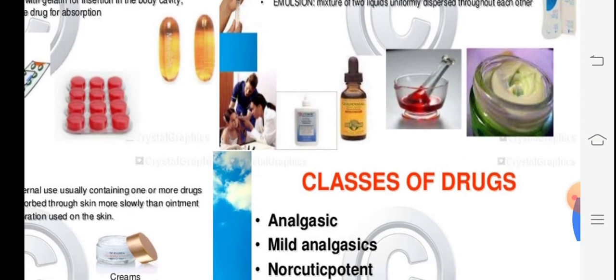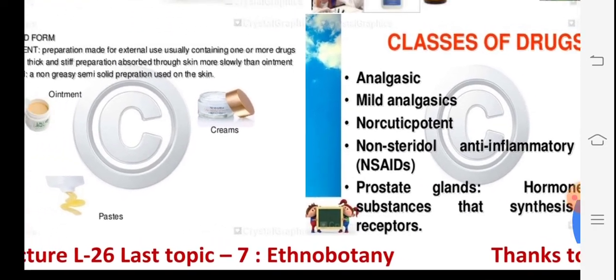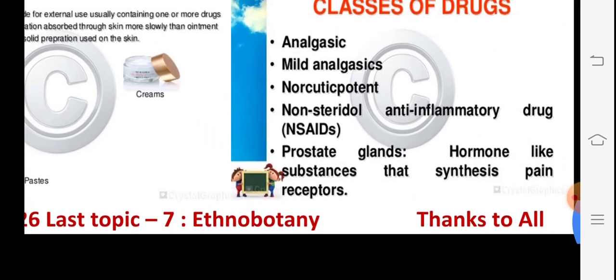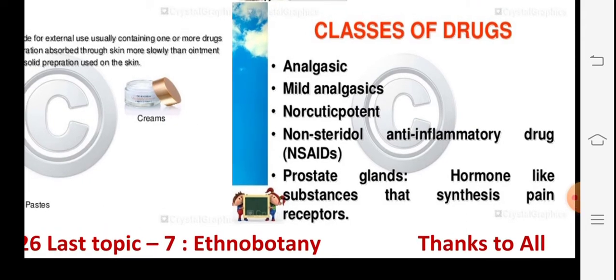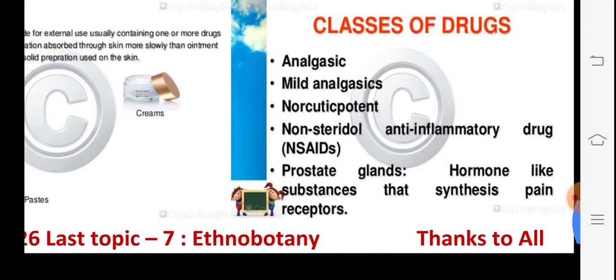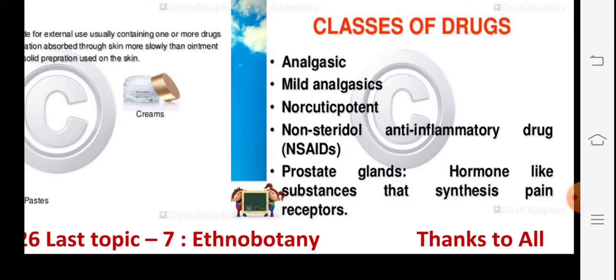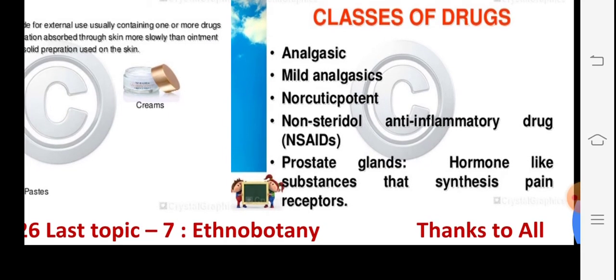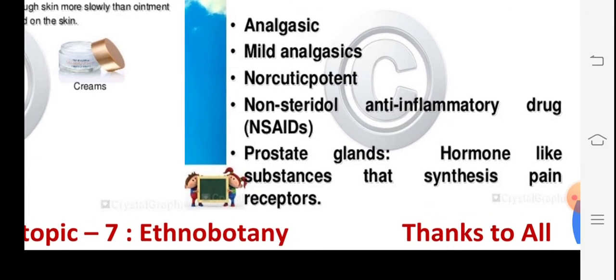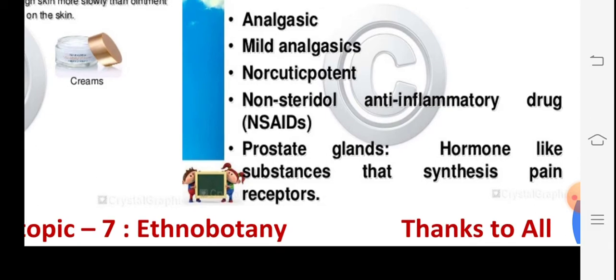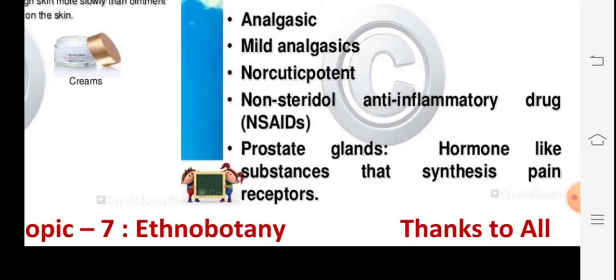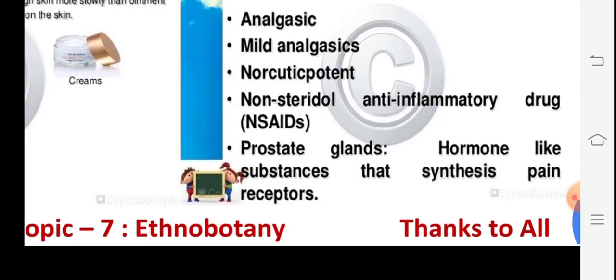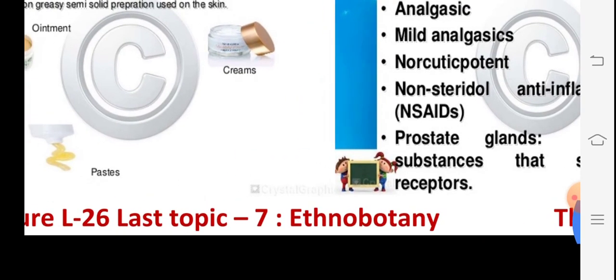You will observe them in the photograph. Then these different types of drugs and their actions: analgesics, which cause anesthesia or insensibility, then mild analgesia, then narcotics, by which patients tolerate the condition. Then prostaglandins, like hormones or similar substances, or some anti-inflammatory drugs.